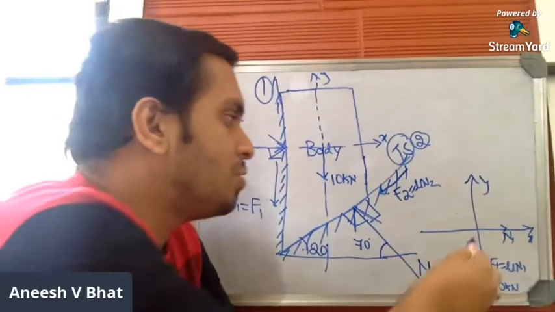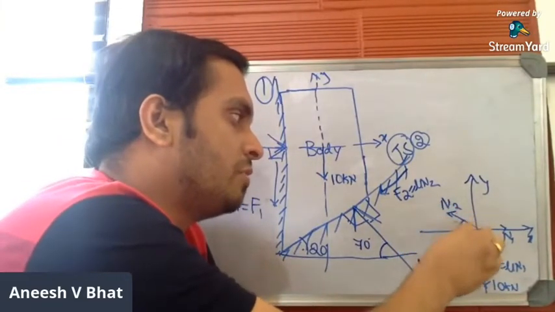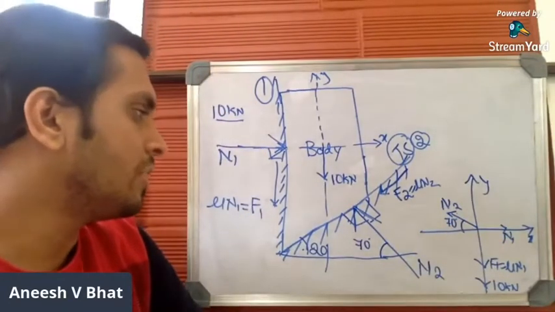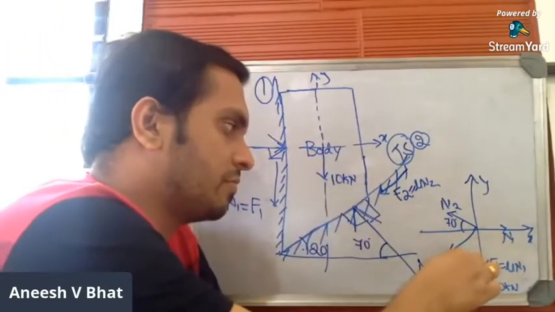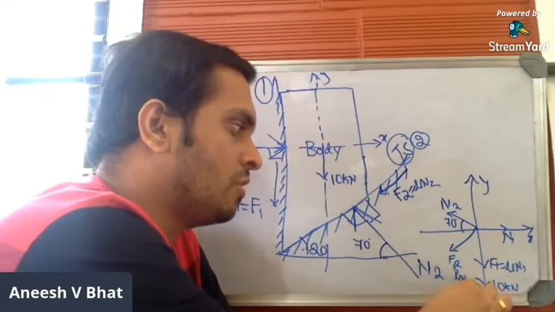And you can mark N2 in the second quadrant, which makes an angle of 70 degrees. And you can mark F2, which is equal to mu into N2, in the third quadrant.